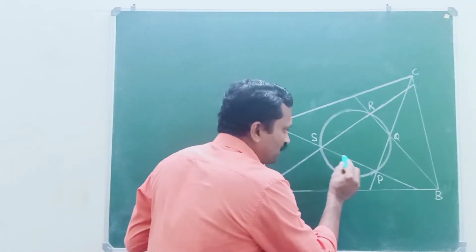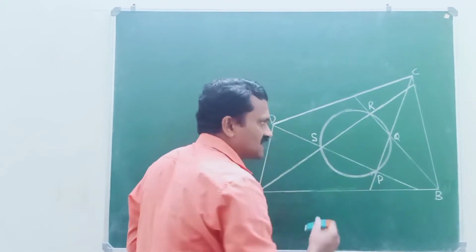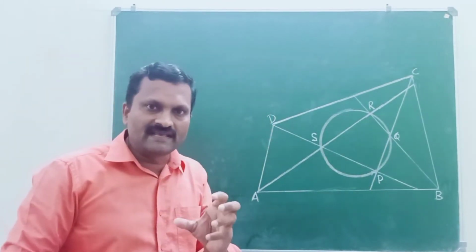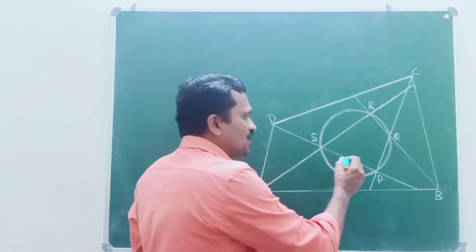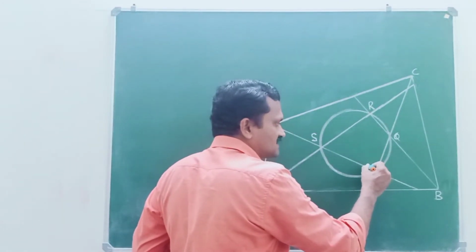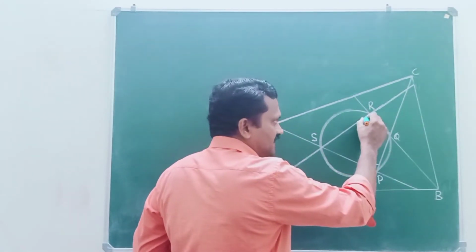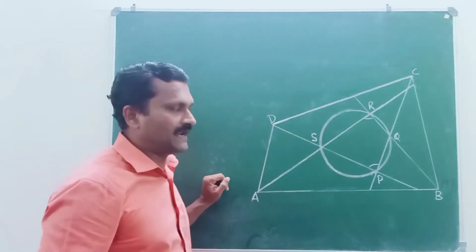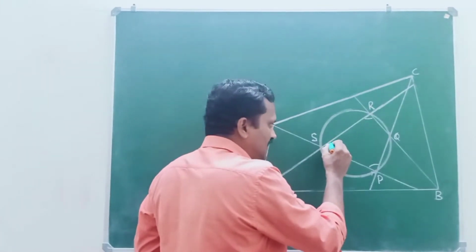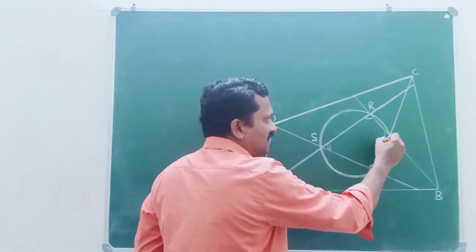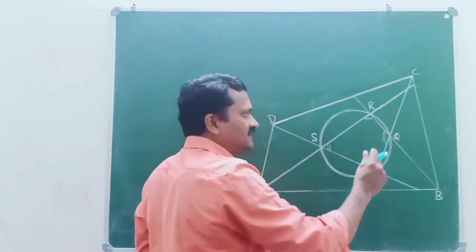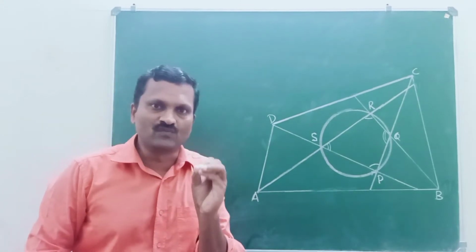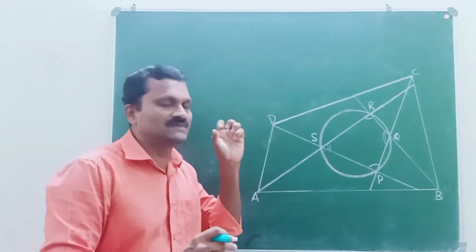To prove PQRS is a cyclic quadrilateral, it is enough to show that opposite angles are supplementary. That is, angle P plus angle R equals 180 degrees and angle S plus angle Q equals 180 degrees. That is, we have to prove this from the figure.